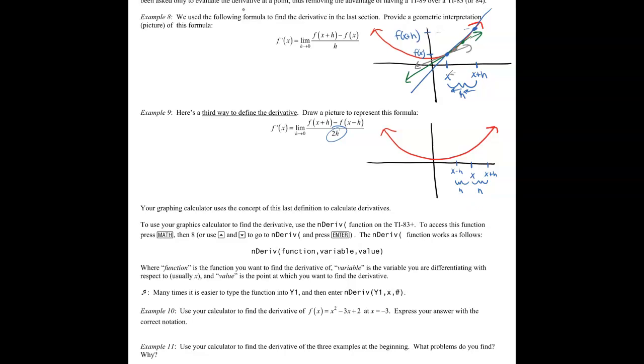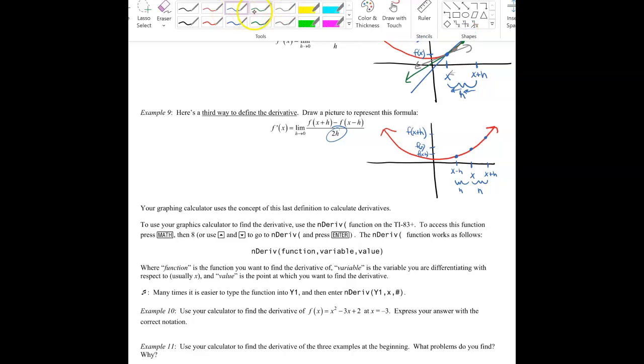Alright, and then if I were to figure out what this y-coordinate is, well, plugging it into my function, I would just get f of x minus h, and then I would get f of x here, and then plugging my x plus h into my f function, I would just get f of x plus h.